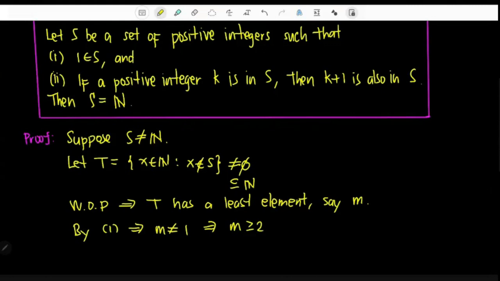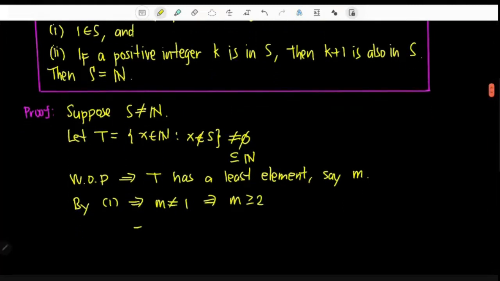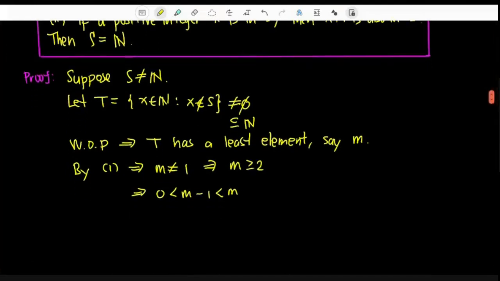So it follows that M minus 1 is positive. This should imply that M minus 1 is greater than 0. But of course, since M is an integer, M minus 1 is definitely less than M. Since M is the least element in T, M is the smallest.